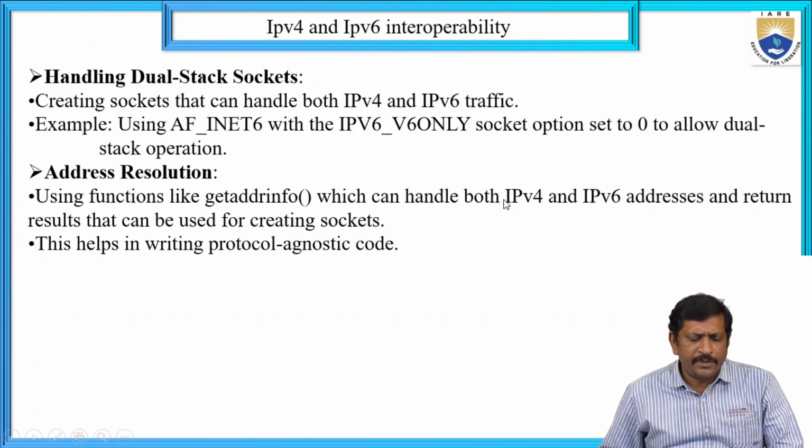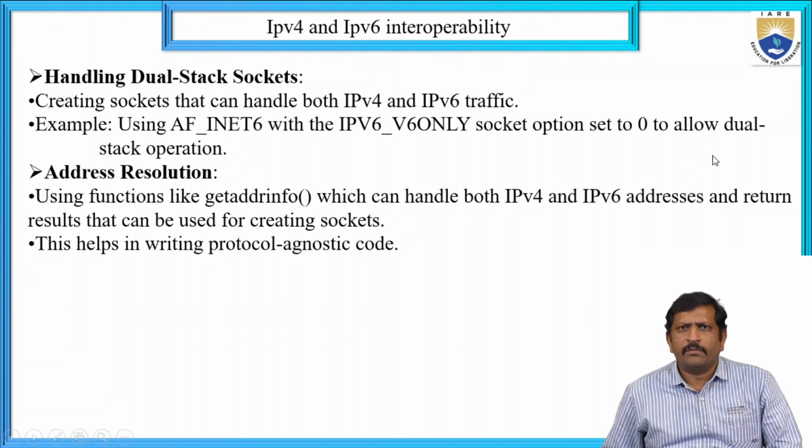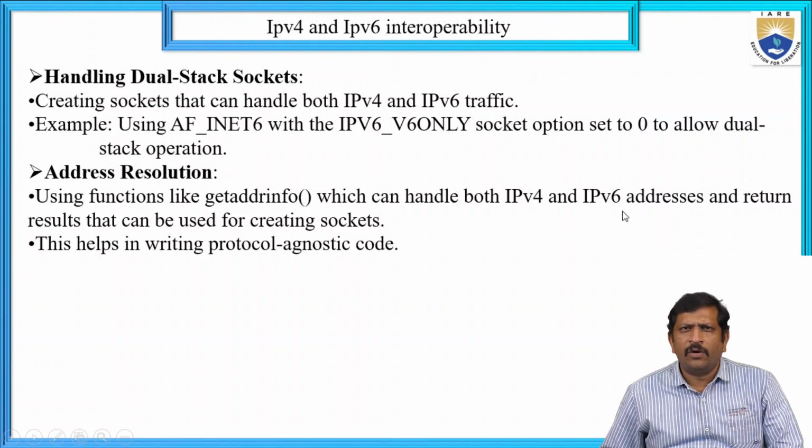This can help in writing the protocol code, for whatever protocols we are utilizing at the server side and the client side. With the help of this, we can write the code for the protocol implementation.